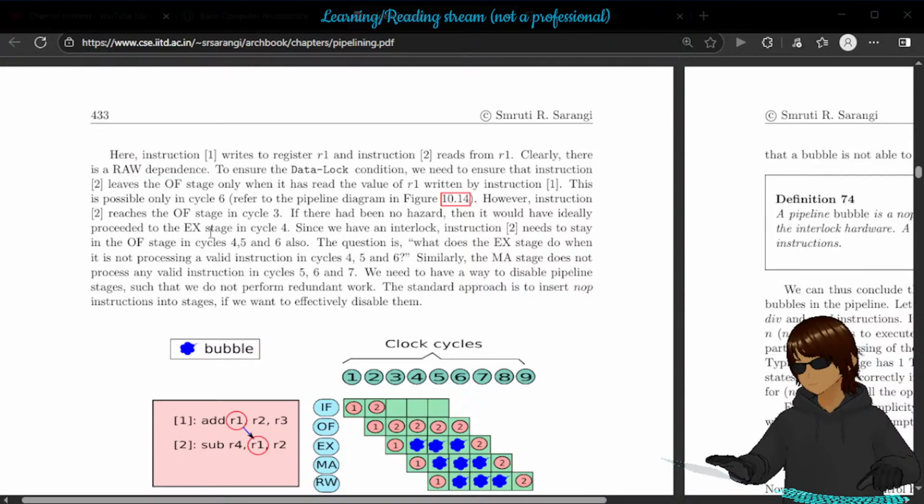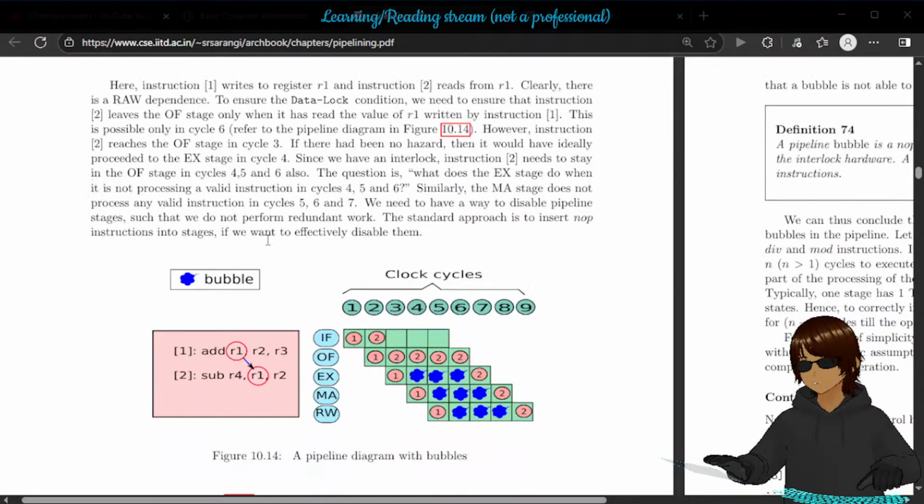However, instruction 2 reaches the OF stage in cycle 3. If there had been no hazard, then it would have ideally proceeded to the execute stage in cycle 4. Since we have an interlock, instruction 2 needs to stay in the operand fetch stage in cycles 4, 5, and 6 also.